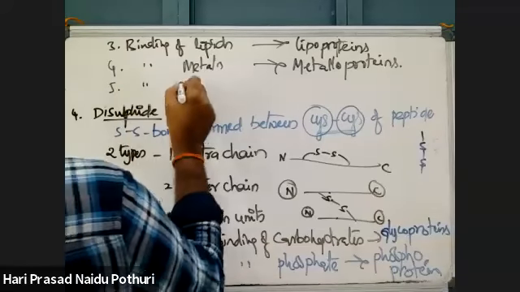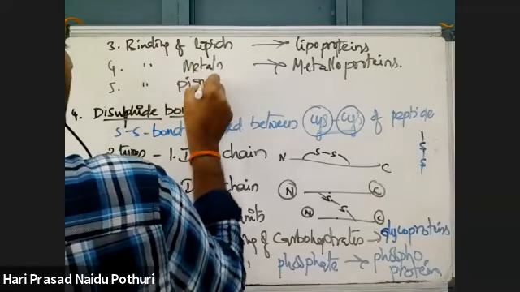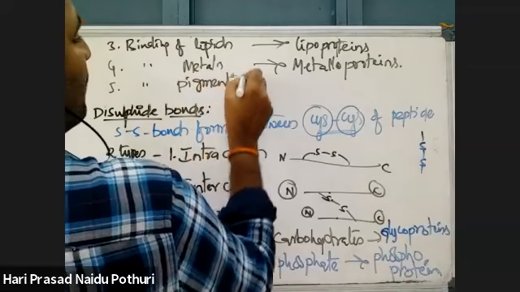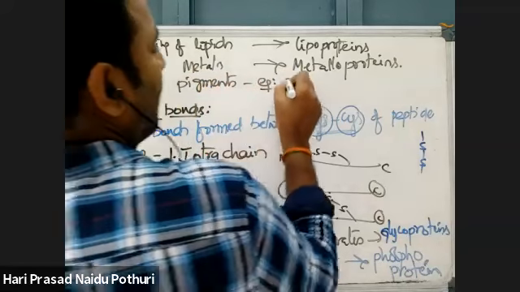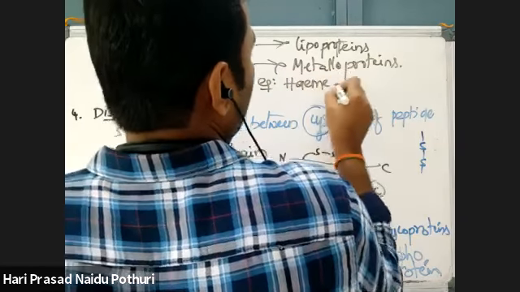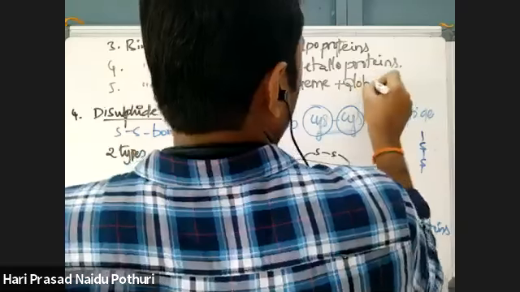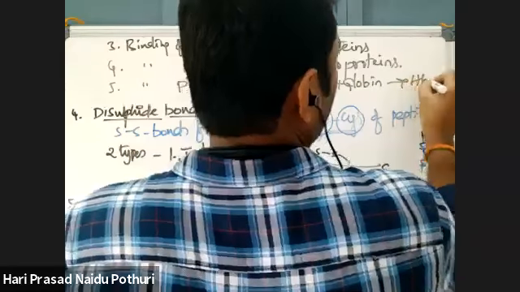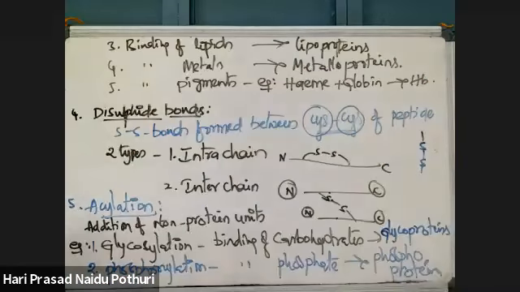Binding of pigments, example, heme plus globin, that results in formation of hemoglobin. Heme is a colored pigment, globin is a protein. To the protein globin, there is binding of a colored pigment called heme, so that there is formation of hemoglobin, which is a colored pigment.